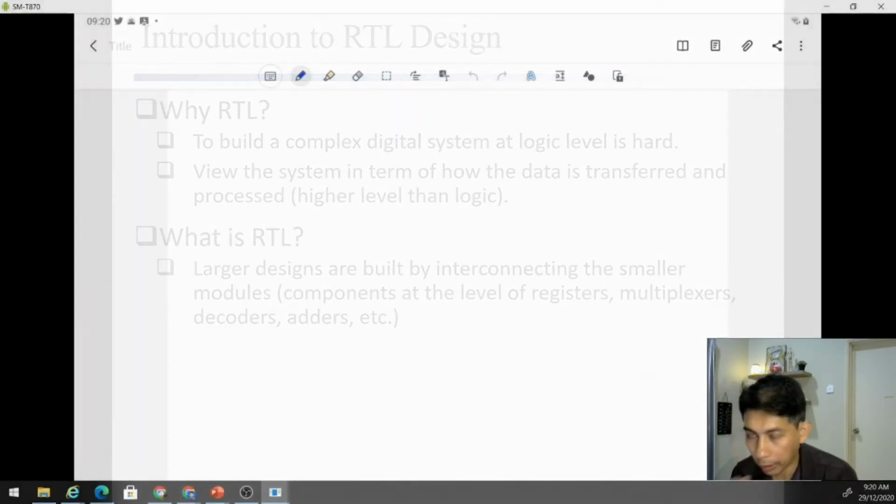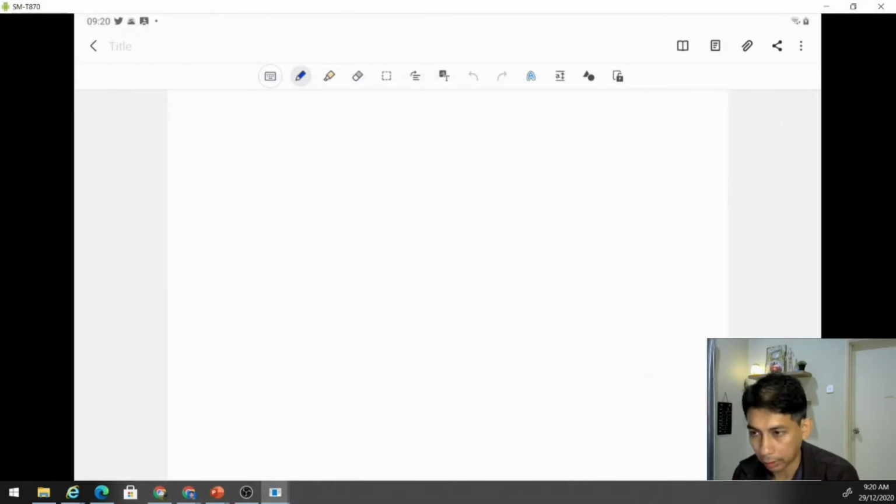Before we look into detail at what RTL design is, maybe we have a little bit of revision of the design flow in digital design. If you look at the lowest level of abstraction, it is the physical view of the layout of our chip or the IC. So the layout is at the bottom of the hierarchy.